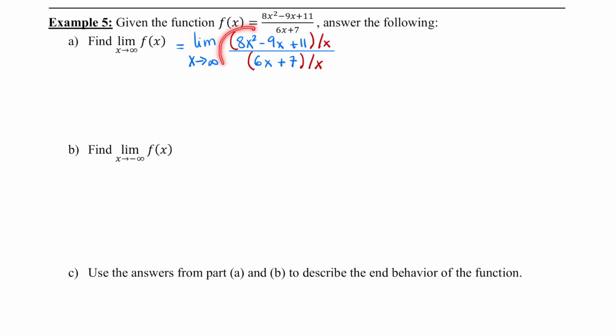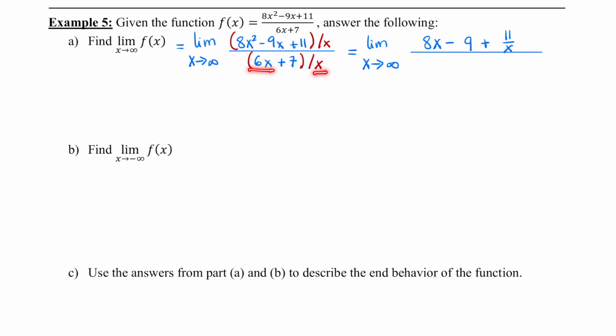Next, we need to simplify this expression. Eight x squared divided by x is 8x. 9x divided by x is 9. 11 divided by x is 11 over x.